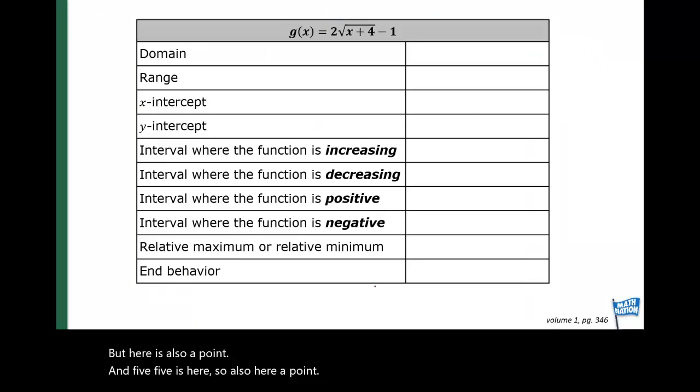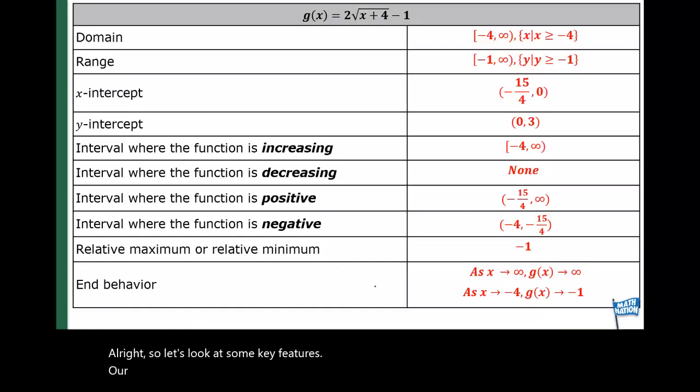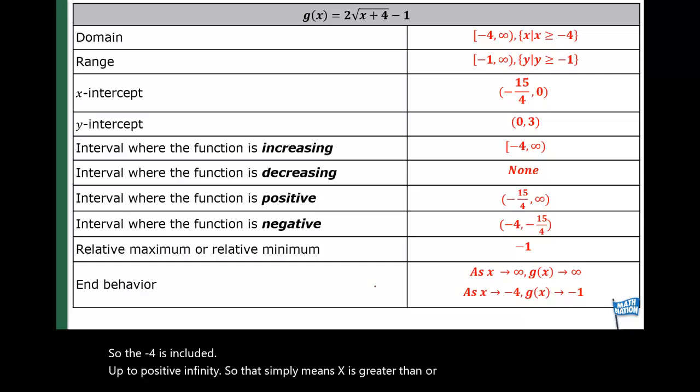All right, so let's look at some key features. Our domain is -4, comma, positive infinity. So the -4 is included, up to positive infinity. That simply means x is greater than or equal to -4.